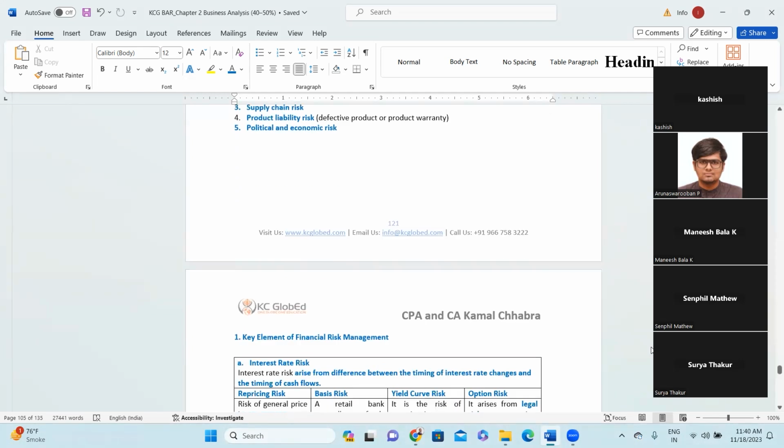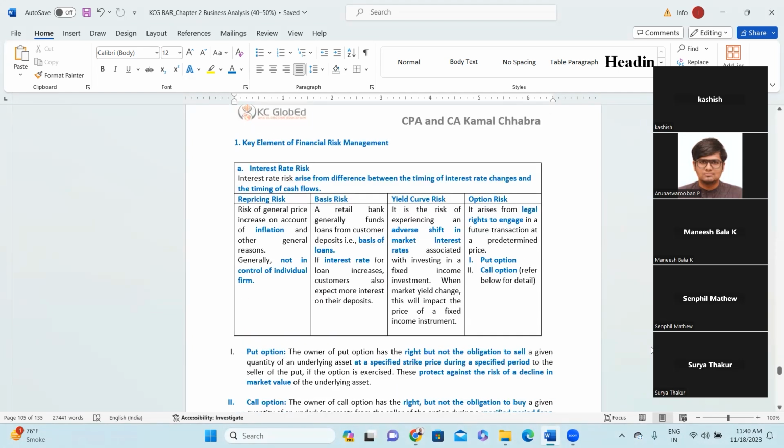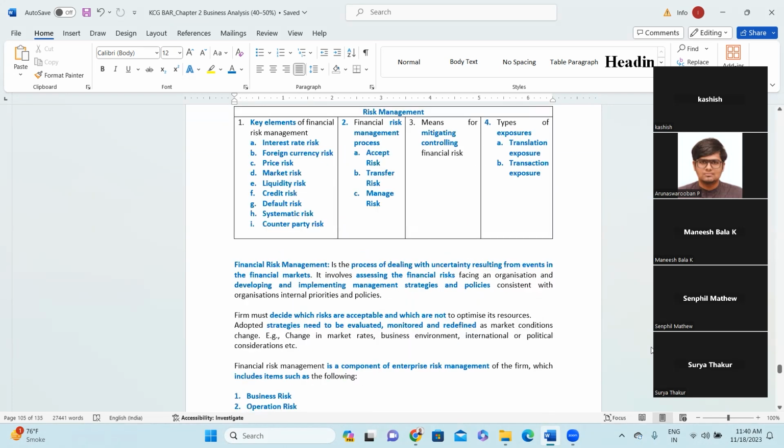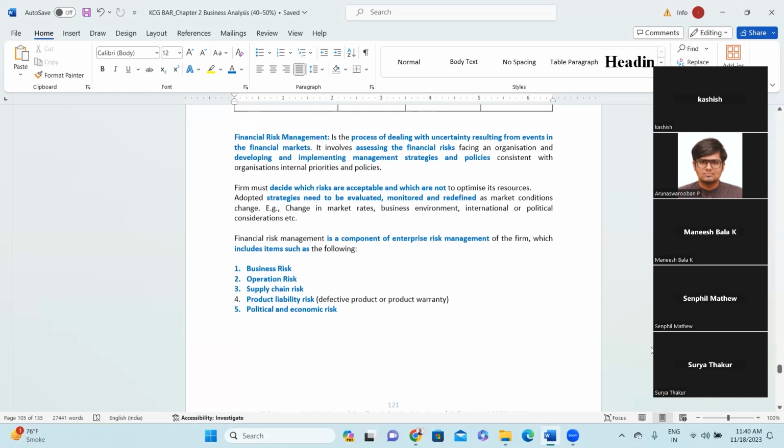Now we are jumping into the main course, which is the first item, the key elements of financial risk management, right? If you remember, the key elements of financial risk management we have considered are interest rate risk, foreign currency risk, price risk, market risk, liquidity risk, credit risk, default risk, systematic risk, and counterparty risk, right? So the same we'll be covering here.